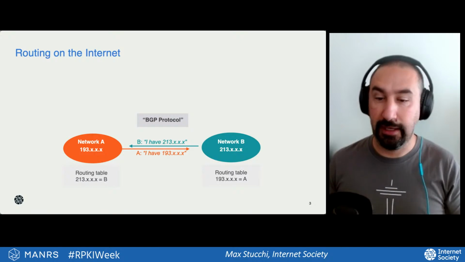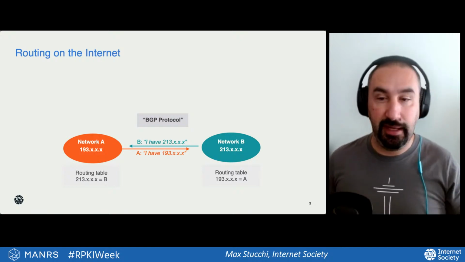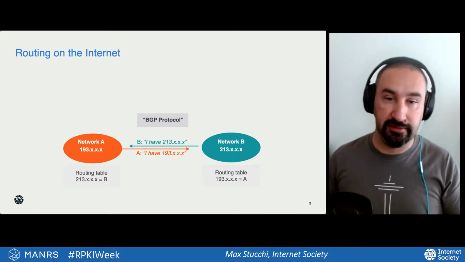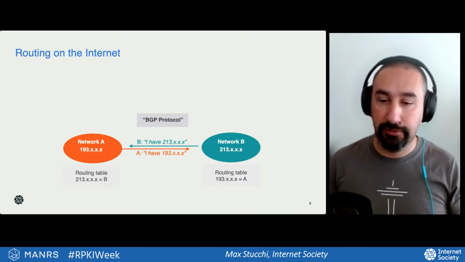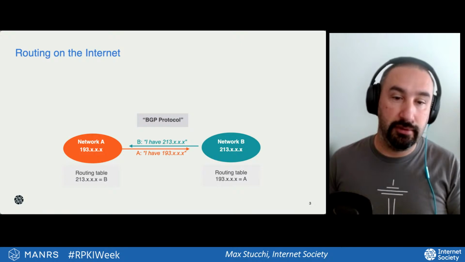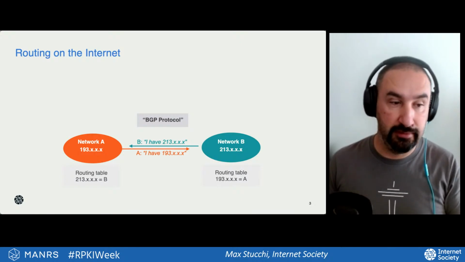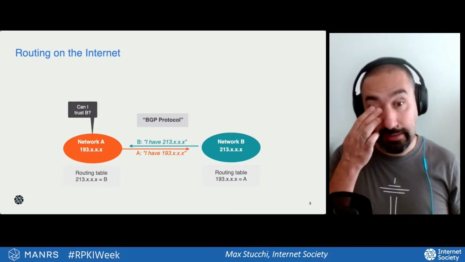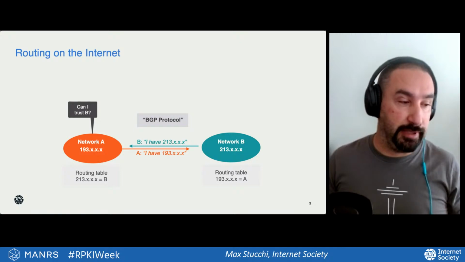I would have to figure out if network A is supposed to be telling me that 193.xxx is their network, is their prefix. How do I do this? Intrinsically in the BGP protocol, there is no facility that can help us doing that. So when we ask ourselves a question, can I trust B from network A?